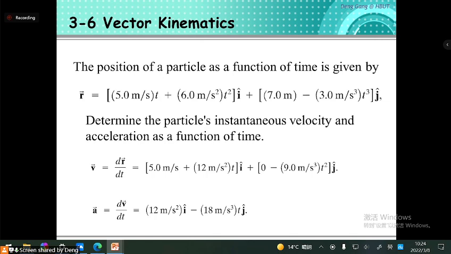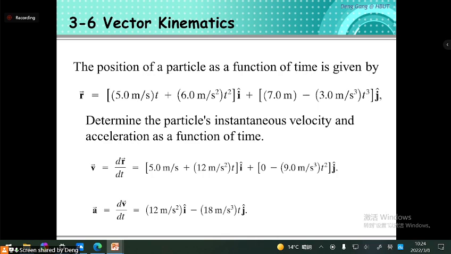This is the x component, and this is the y component. We want to determine the particle's instantaneous velocity and acceleration as a function of time. So this is a motion in 2 dimensions.